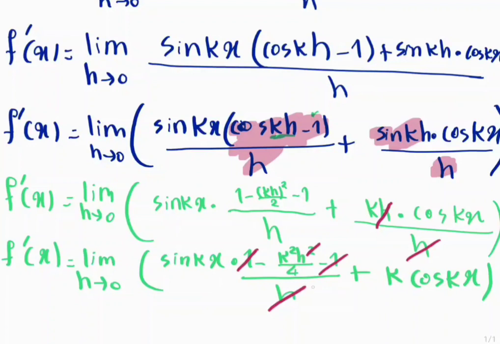So now hopefully you can realize that h is very small. h approaches 0, which means when h is approaching 0, then 0 times k squared over 4 is just 0. And 0 times this term sine kx is also 0. So that's why this term on the left hand side, the whole thing tends to 0 as h tends to 0, because h is very small.